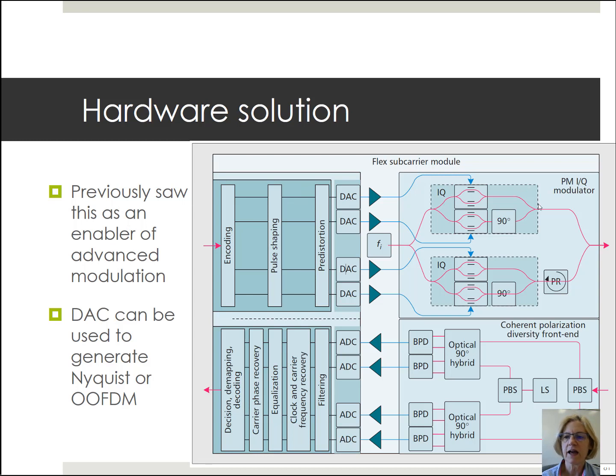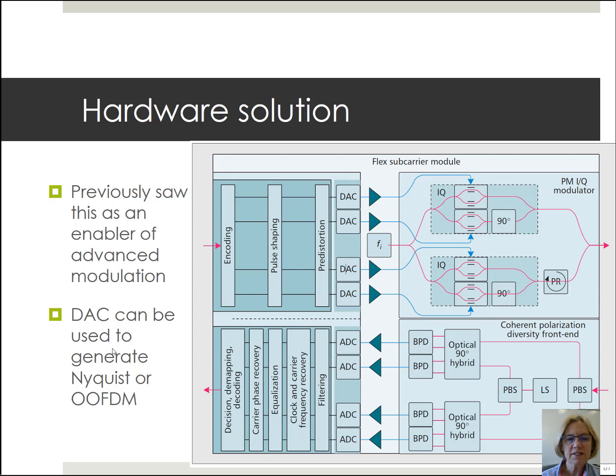We had here an IQ modulator, and we had here a coherent detector. Coherent detector which was able to detect both phase and amplitude. We needed the DAC at the transmitter in order to achieve the IQ modulation.